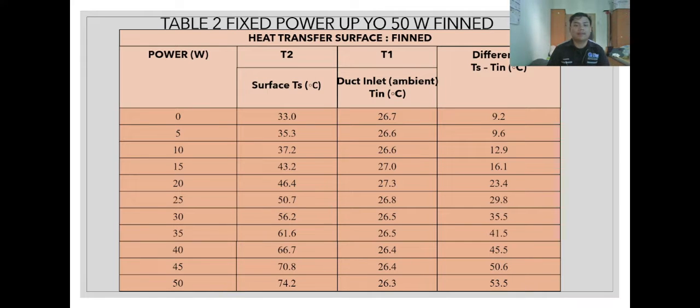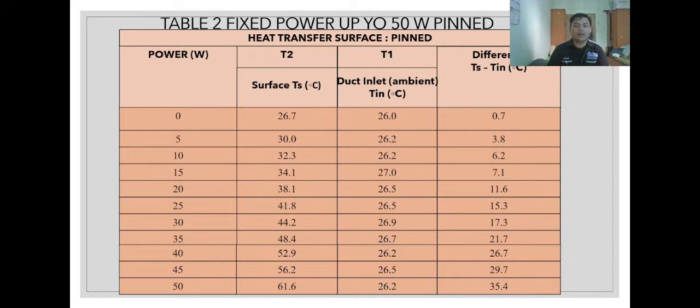Next is table 2, the fixed power up to 50 watts for the fin surface. This is our data up to 50 watts, and this is the temperature difference, T2 minus T1, or temperature of surface minus the temperature of ambient. We got the maximum of 53.5 temperature difference at 50 watts for the fin.